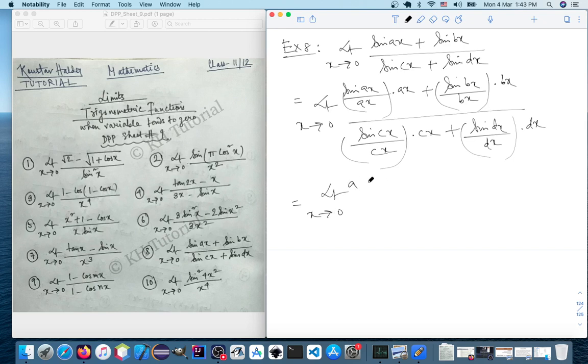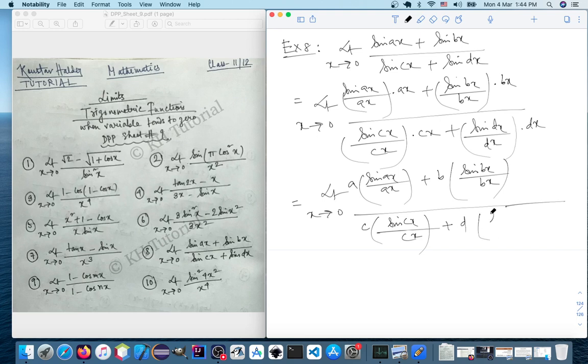a sin ax by ax plus b sin bx by bx, over c sin cx by cx plus d sin dx by dx.